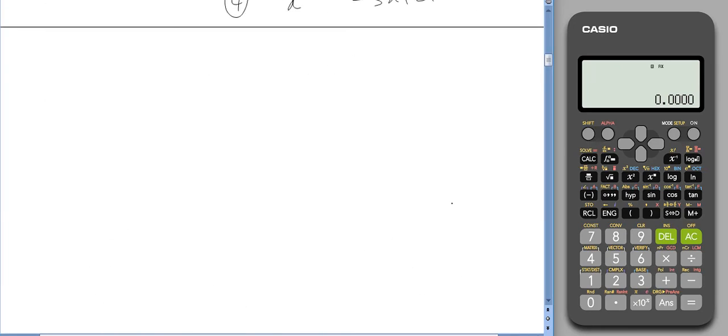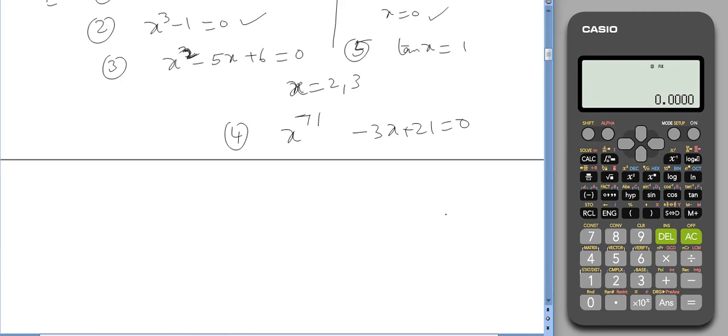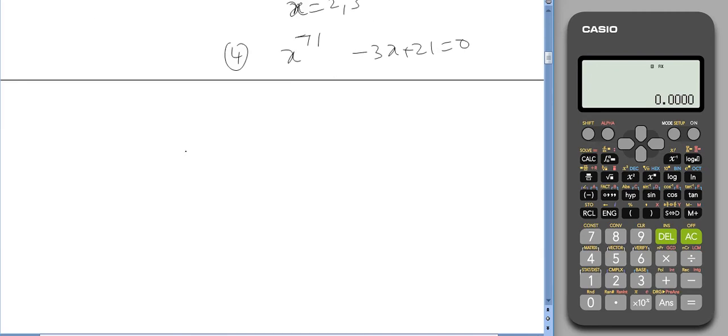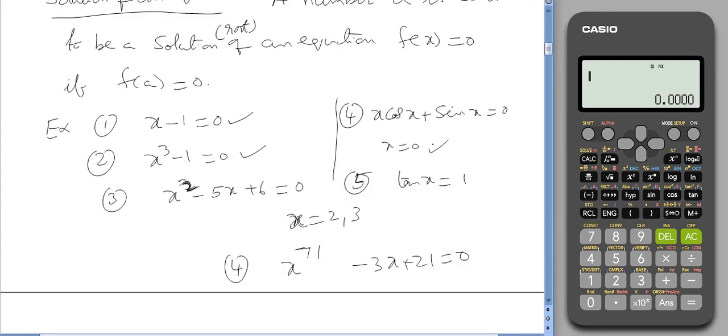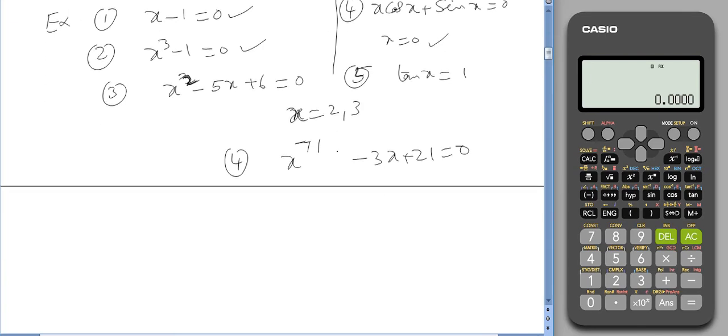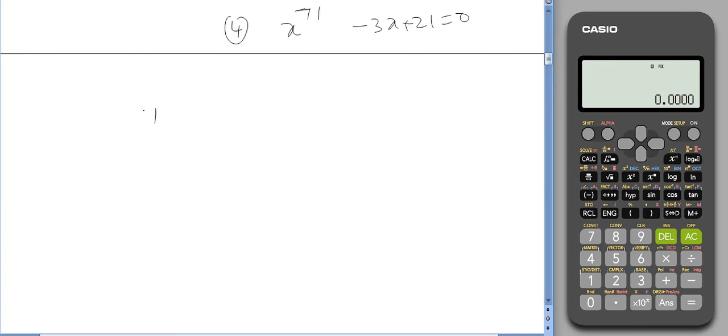In the next class we will discuss the solution of an equation geometrically, how to find the location of the roots, how to find the roots. For this purpose we will discuss the intermediate value theorem.